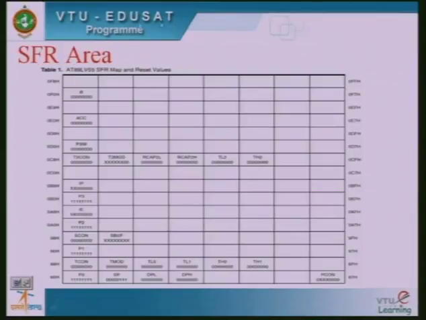Next, the upper 128 bytes, as I told you, are shared with the SFR, or special function register, area. There are around 25 well defined special function registers, and the remaining area is kept free. You have the accumulator, the B register, the program status word, the timer control, serial control, interrupt priority, and multiple other registers.